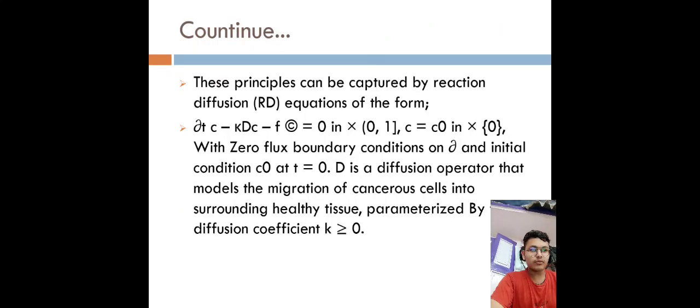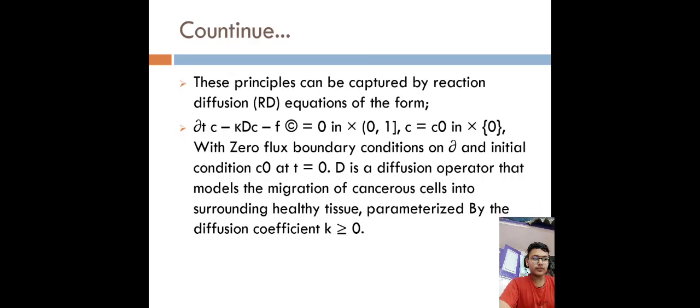This principle can be computed by a reaction diffusion equation of the form delta C by delta t minus K delta C minus F equals 0 in omega, with zero flux boundary condition on delta omega and initial condition C equals C0 at t equals 0.